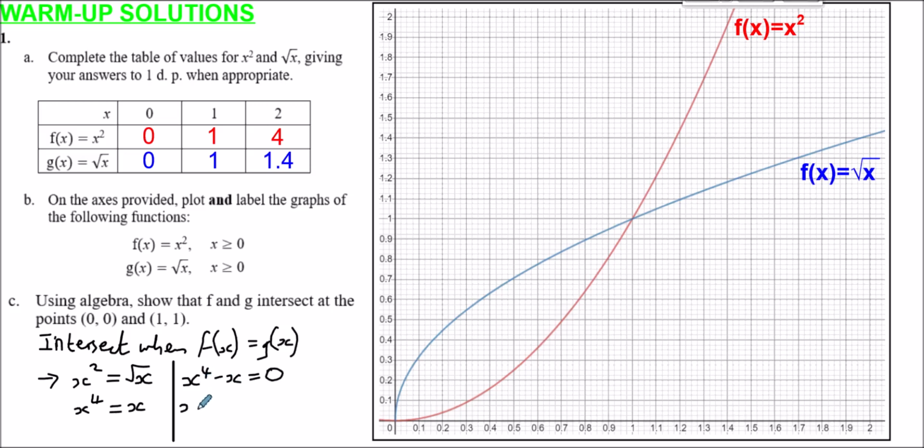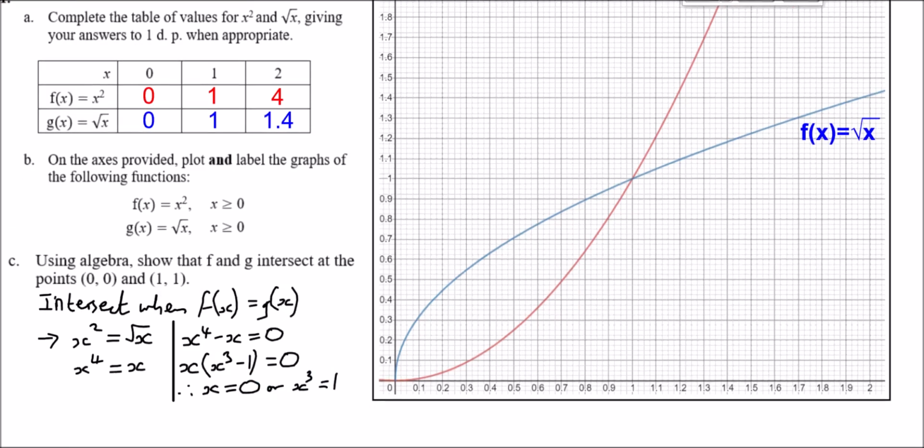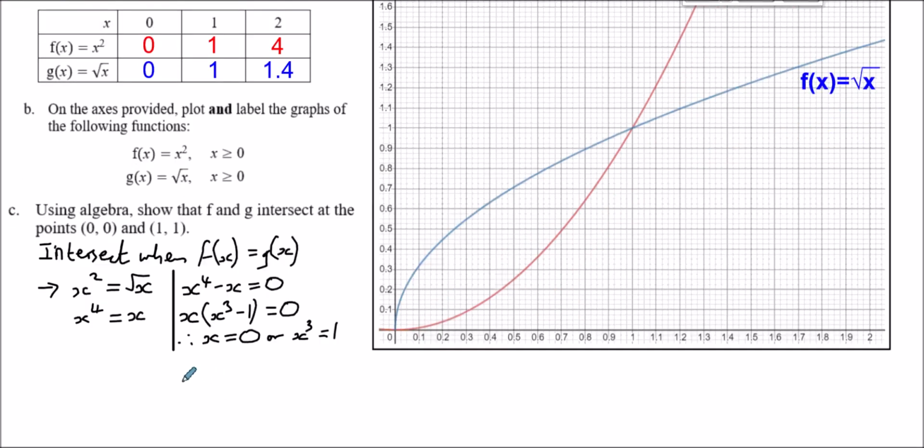So then we get x brackets x cubed minus 1 equals 0. So this is going to be equal to 0 when x is equal to 0, or x cubed is equal to 1.